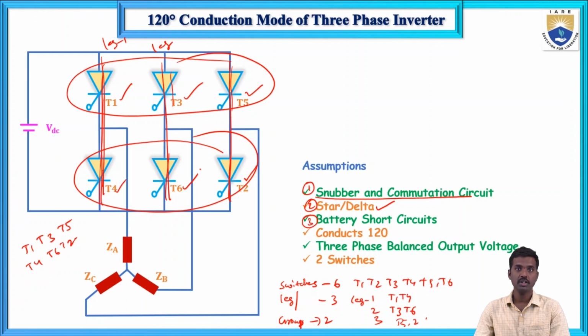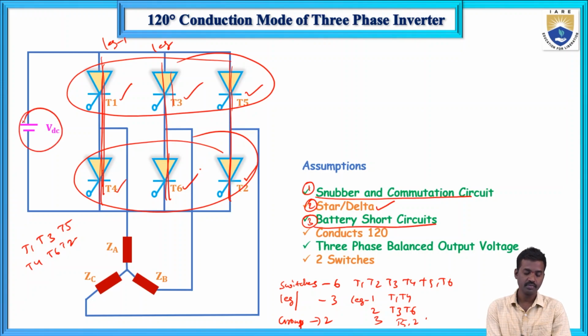Both the switches in the same leg should never be closed at the same time. It may lead to the battery, VDC, being short circuited, which may fail the entire setup. So it should be avoided at all times.